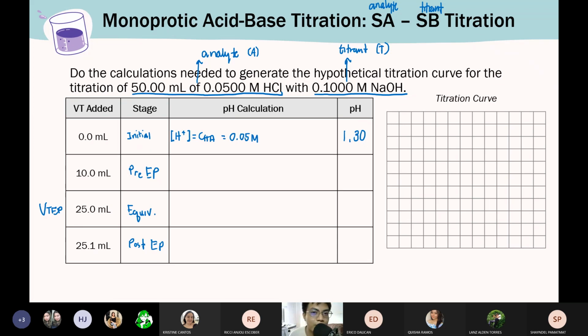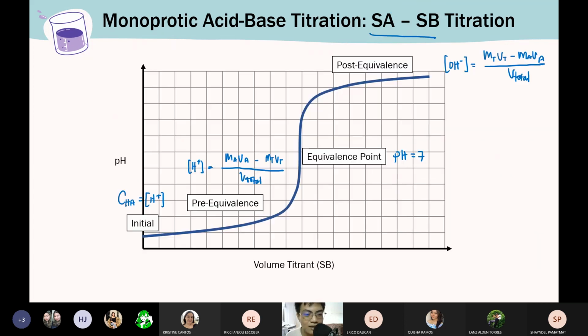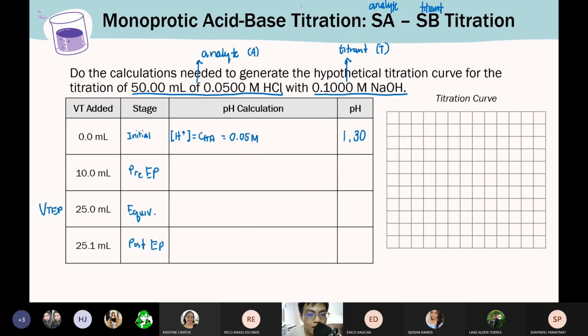Next one. Pre-equivalence point. What do we know about pre-equivalence point? You added titrant, pero not enough. And for you to get the remaining acidity, yung remaining concentration ng acid, ito yung equation natin: MAVA minus MTVT over V total. Sulat ko dito, ha?